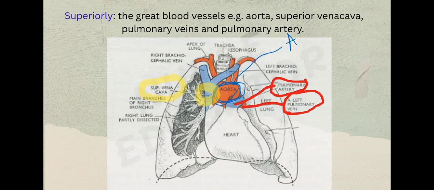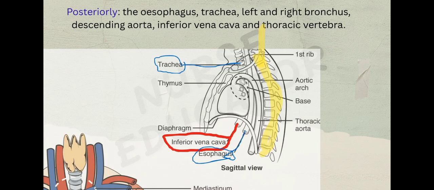Superiorly, the great blood vessels, for example the aorta, superior vena cava, pulmonary veins, and pulmonary arteries, are present in the upper region. Posteriorly, we can see in the picture the esophagus, trachea, left and right bronchus, descending aorta, inferior vena cava, and thoracic vertebrae.